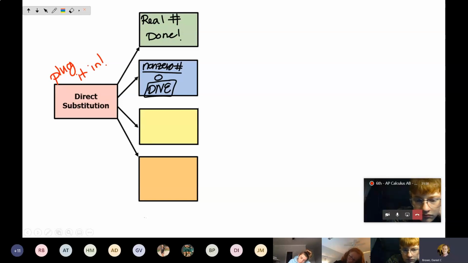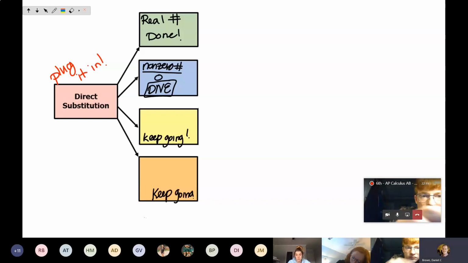These bottom two boxes are going to be for the cases where we have to keep going. In the yellow one, I am going to go ahead and put that 0 over 0.